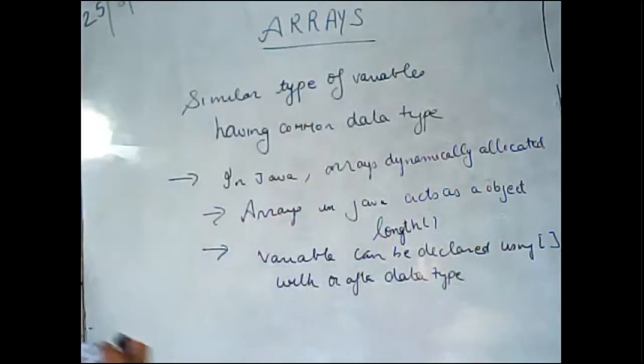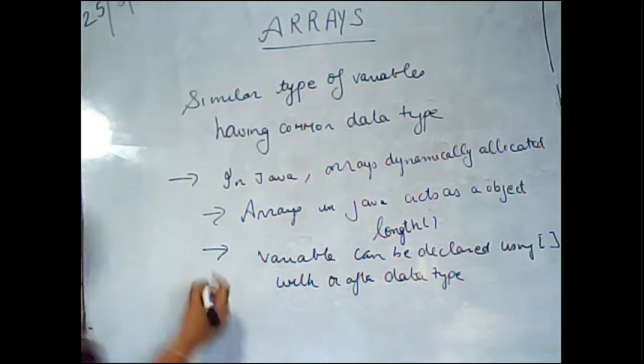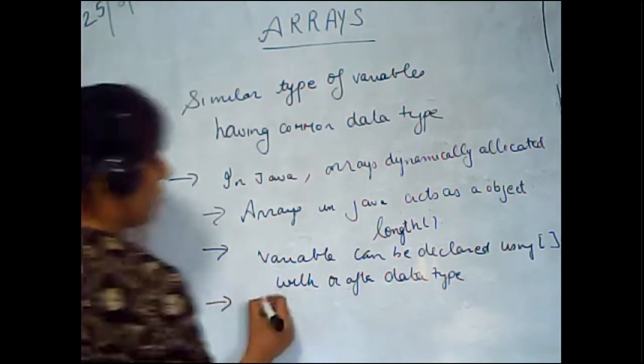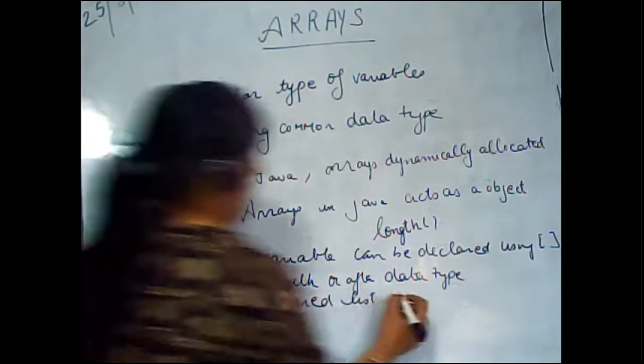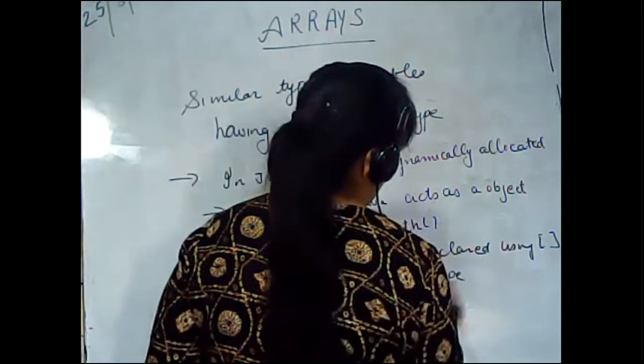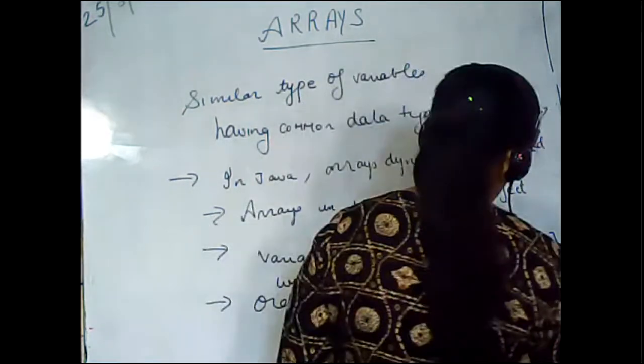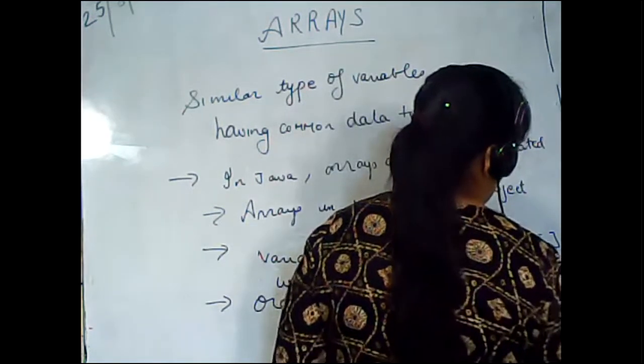Next thing we need to remember is that the variables in an array are ordered. We always have an ordered list that will always start from 0.